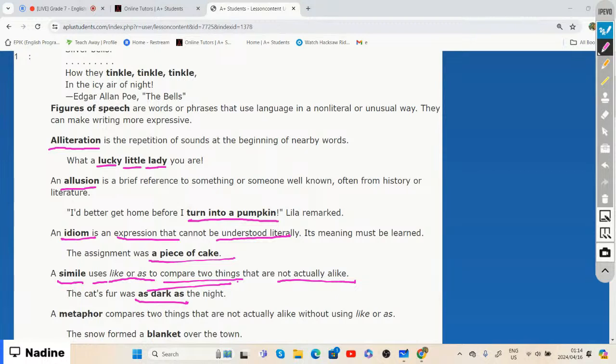Then we have a metaphor. And a metaphor compares two things that are not actually alike without using words like "like" or "as".